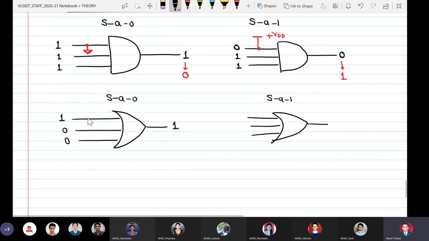If one of the inputs is stuck at 0, then I will get output 0.